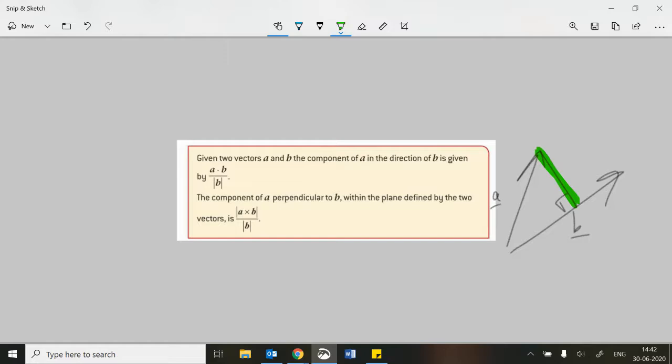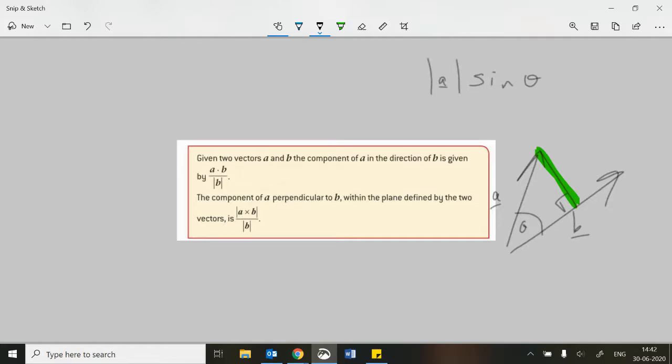Now, for that, we're not going to use cosine, we're going to use sine. There's your theta. And if we want to find the opposite in this triangle, we know SOH gives us that the opposite is sine of theta times the length of A.